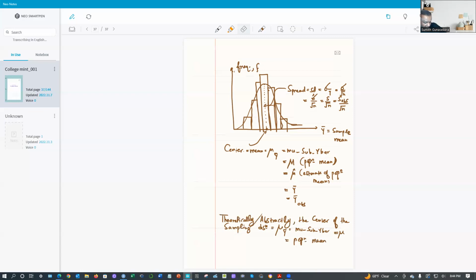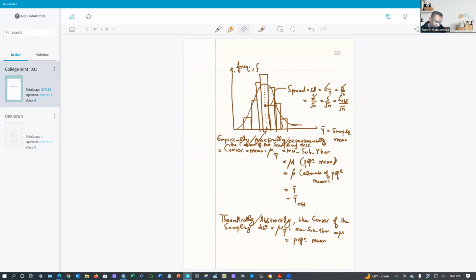But empirically, practically, or experimentally, the center of the sampling distribution equals this one.